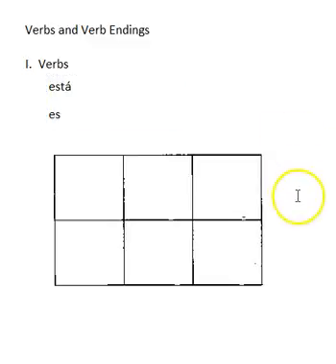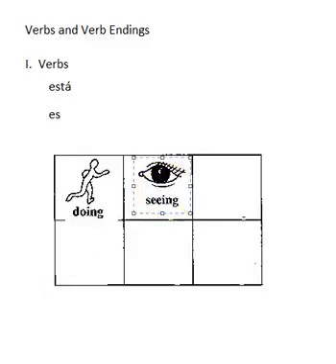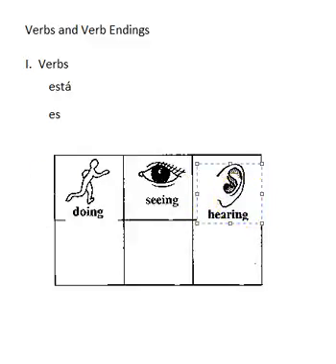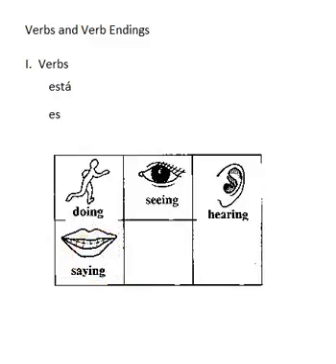Well, today we're going to talk about some other verbs which are mostly action verbs. So you should kind of be familiar with that in English as well. There are being verbs and action verbs. An action verb would be something you are doing, or something you are seeing, hearing, saying, thinking, or feeling.